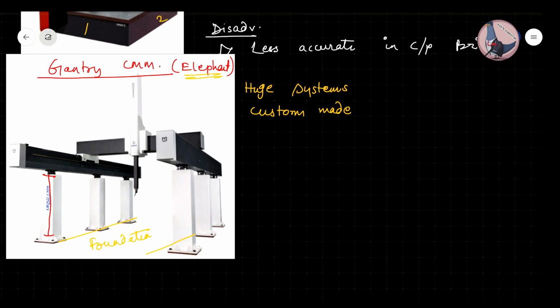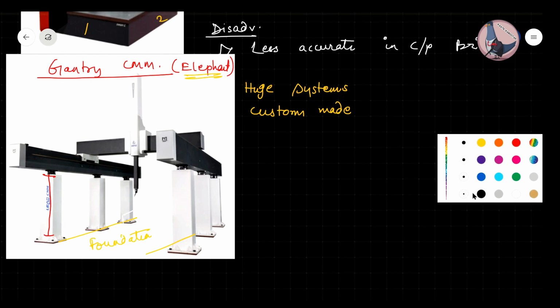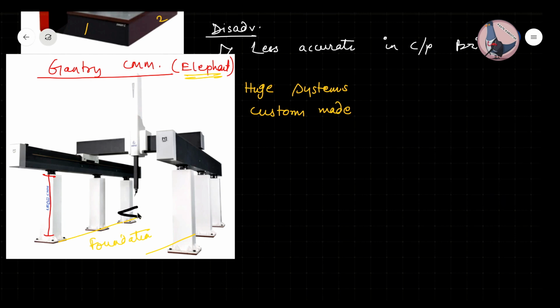But it has some added advantages. And what are those advantages? Suppose you are putting a job over here. Of course you can understand that the job size we can put in here will be very big. Any job you put will be very big. So bigger jobs can be catered for; it is good for bigger jobs.